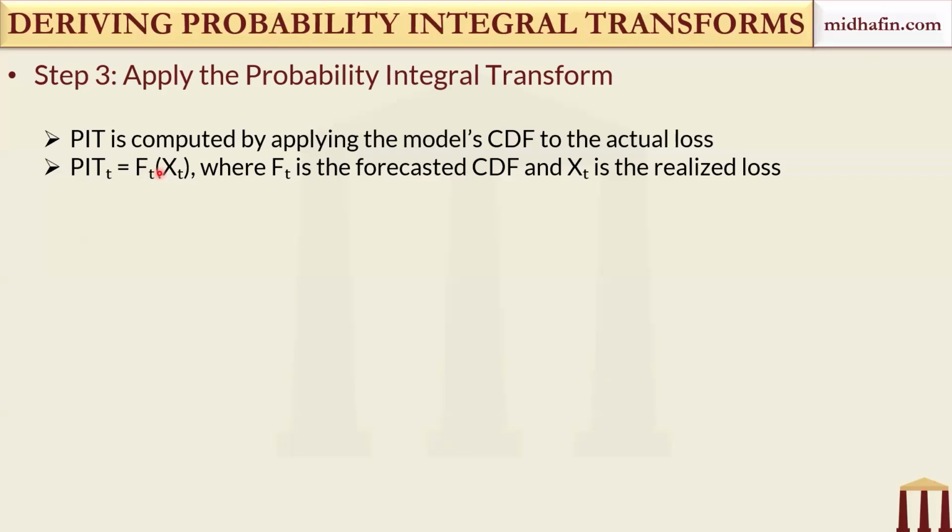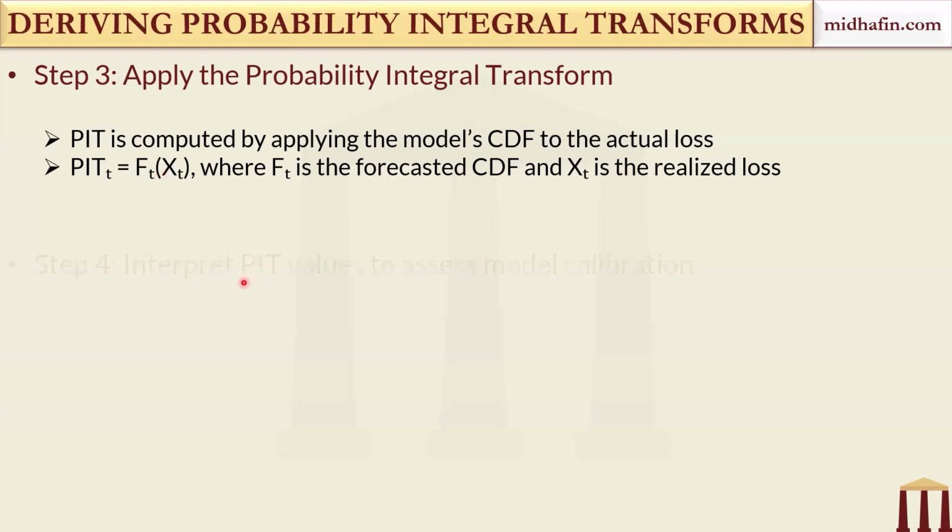Think of it like this: if your PIT is 0.9, it means the actual loss was bigger than what your model expected 90% of the time. So it is basically the percentile rank of your observed outcome under the model's forecast.